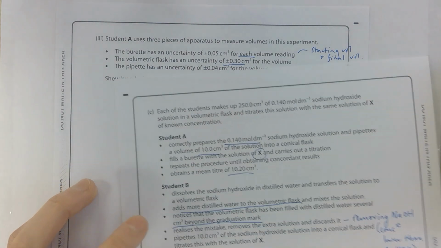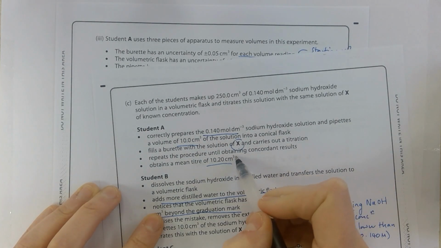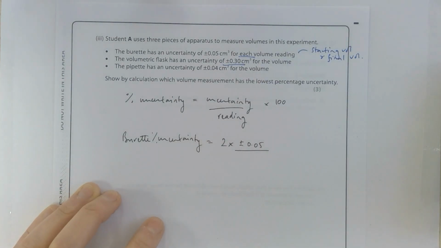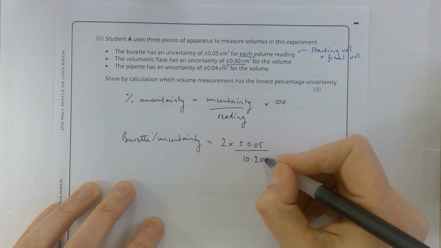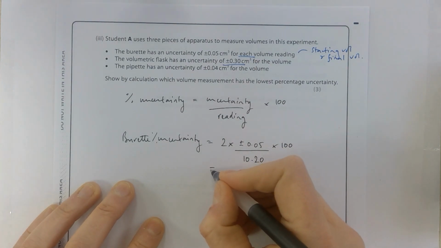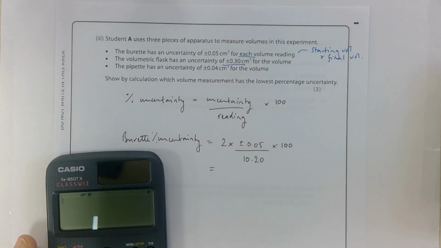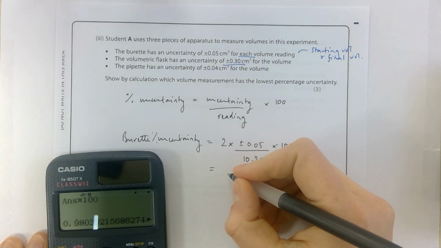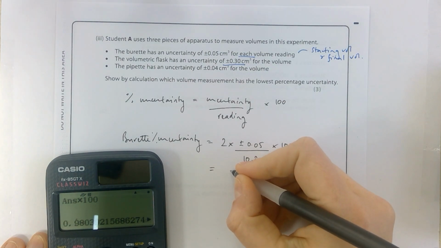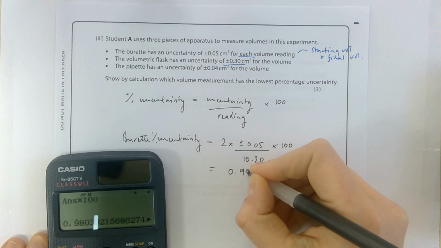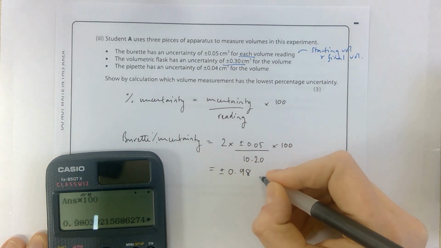So I go and have a look. It was 10.20 cm³ times 100, and I put it through my calculator. So 2 times 0.05 divided by 10.2 times 100, and that gives me 0.98%.